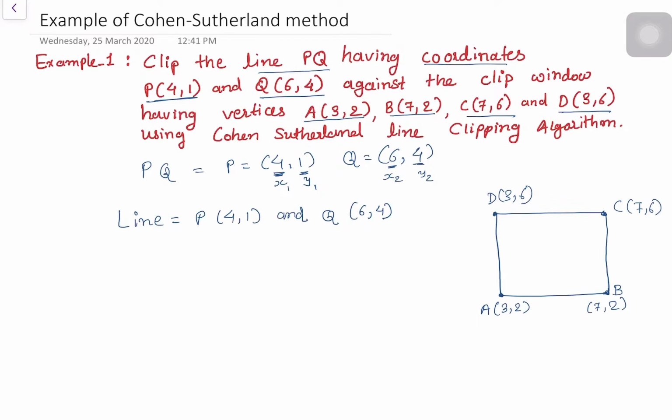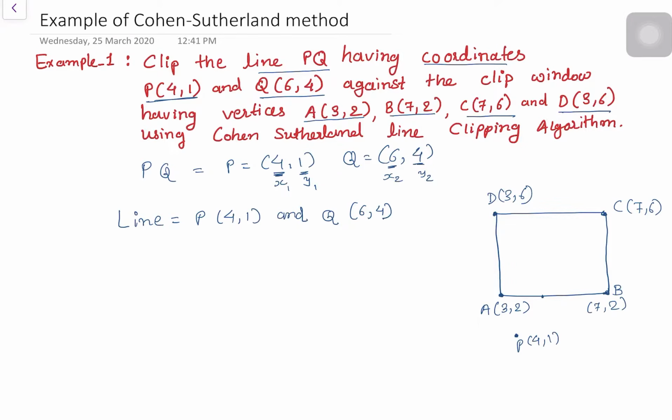Now what will be our line? That is P(4,1), which means the point P may be here. Because this is 2 and this is 3, we can approximately plot the point P(4,1) over here.